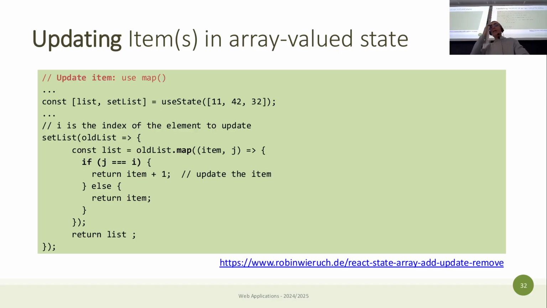It can be done on any basis. It's just a condition to decide if it's the element I want to update or not. But the point is, I need to use the map. The map returns a new array. And then just use the logic you need to decide if you just return the old value present in the old array, or you need to return something different. That's updating.